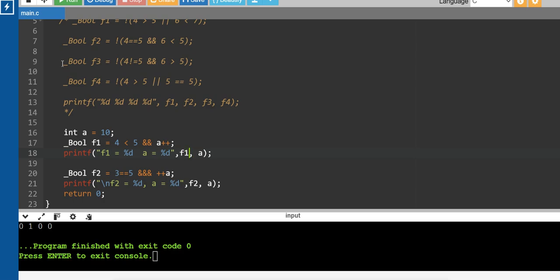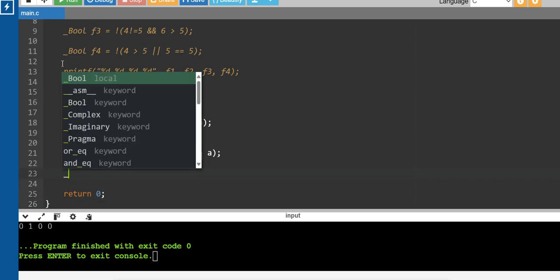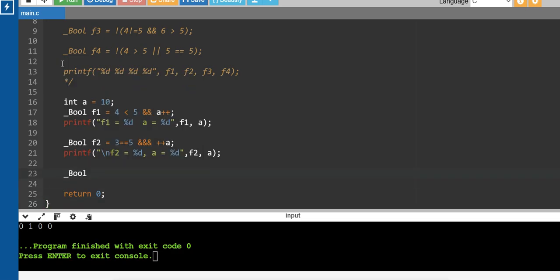Okay, and let us just try with another combination, f3. Now I'm going to use logical OR operator. 5 not equal to 3, and I'm using logical OR operator. Now I'm using a minus minus, and now let us just print it and check further.